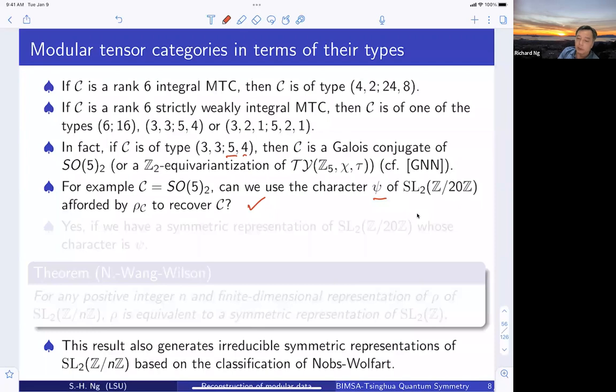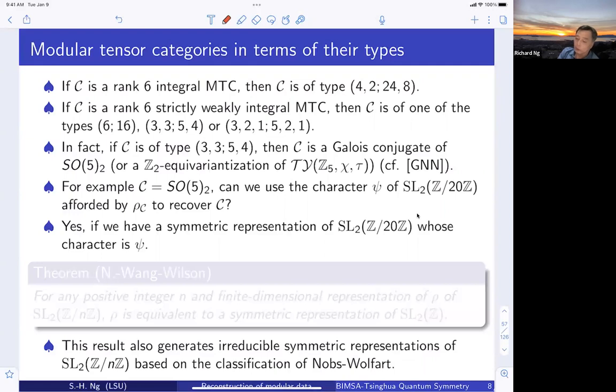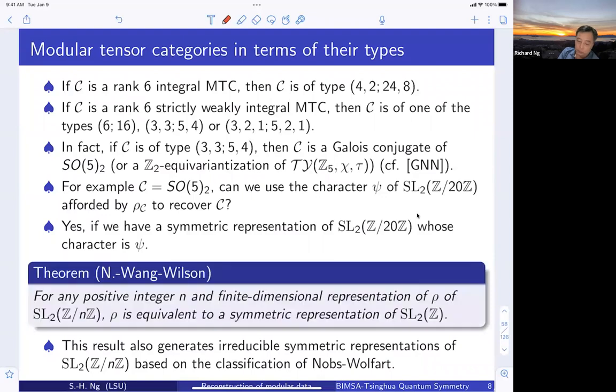The first thing we need to do is: does it have a symmetric representation? This is the first one we need to deal with. So yes, it does. You can always find a symmetric representation whose character is phi. This is joint work with Yilong Wang and my student Sammy Wilson.